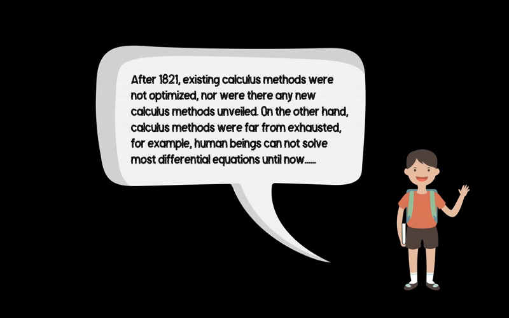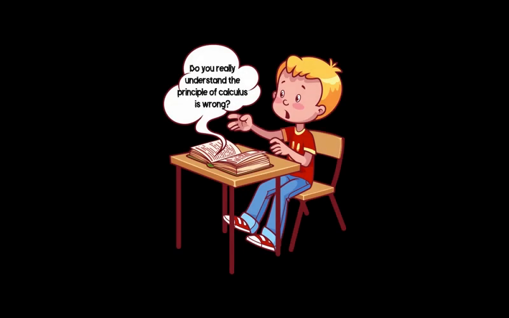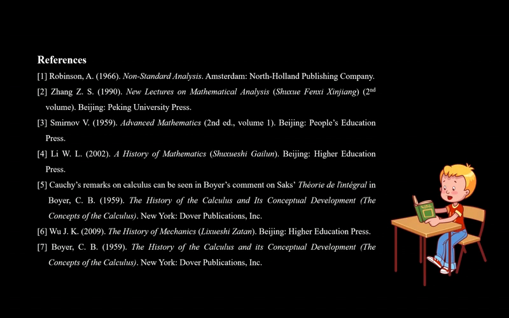On the other hand, calculus methods were far from exhausted. For example, human beings cannot solve most differential equations until now. Speaking of which, friend, do you really understand the principle of calculus is wrong? All the information is listed here, and can be accessed by interested readers.